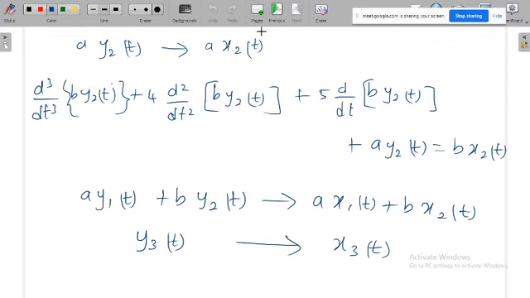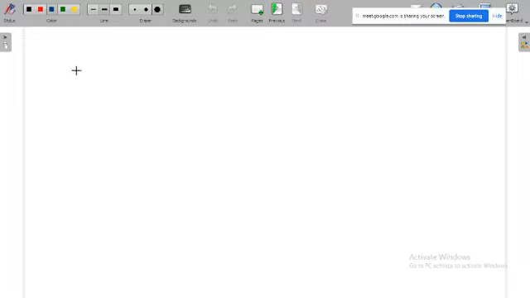So next, the equation. First I'll write that equation. I am just modifying the original equation. The x3 of t that was present in the right hand side, I am bringing to the left hand side. Then whatever terms were present at the left hand side, I will write them here. So d cube by dt cube y3 of t.